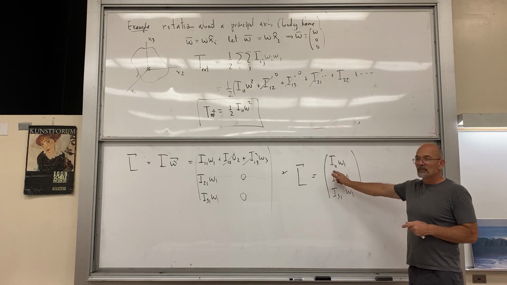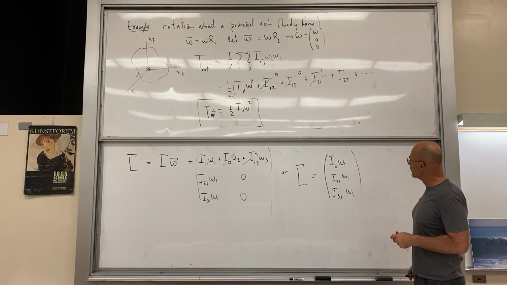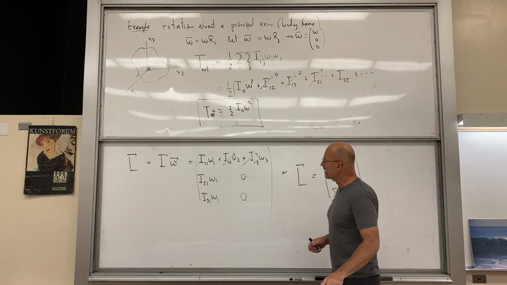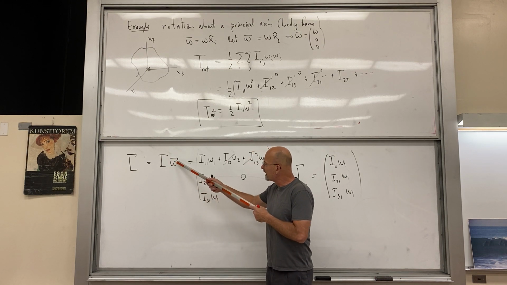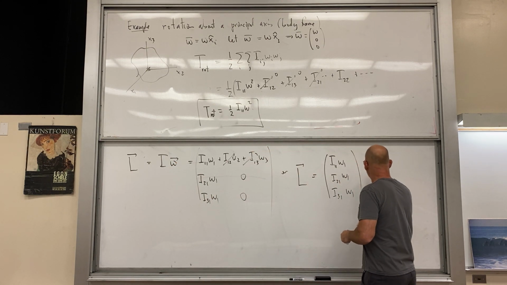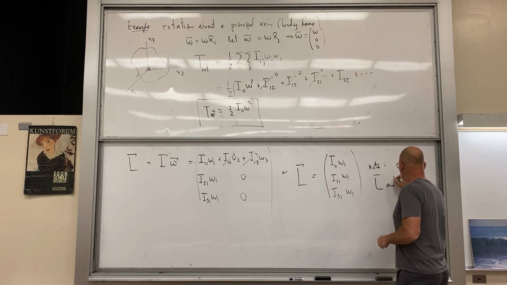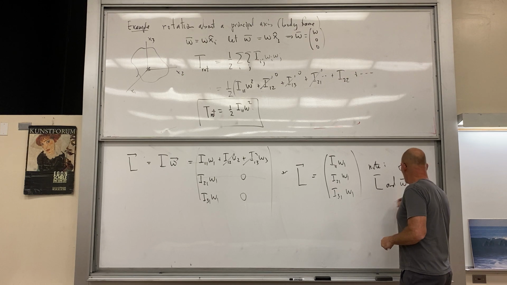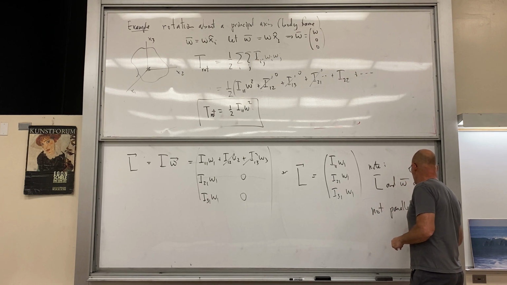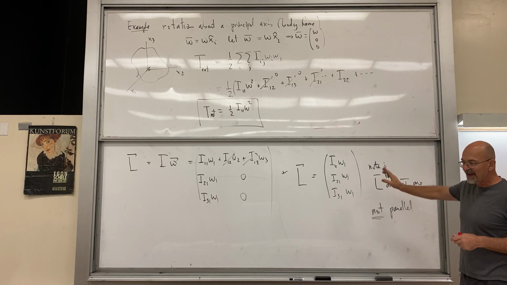So it has three components, and therefore L and omega are not parallel. Okay. So note, L and omega are not parallel. Okay. Not parallel. So that's the important takeaway right here.